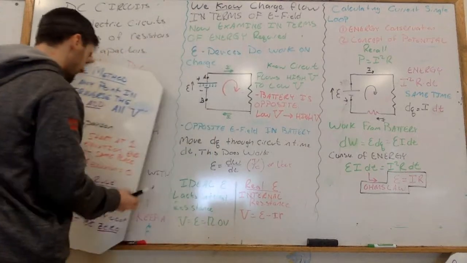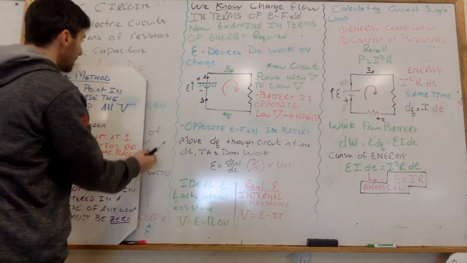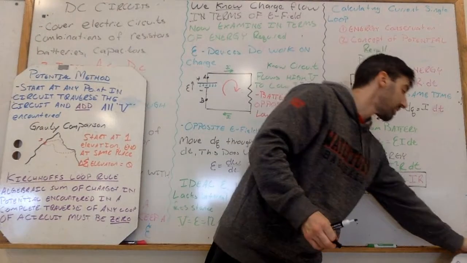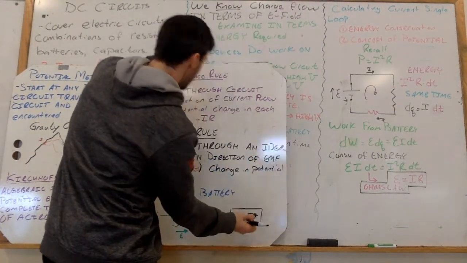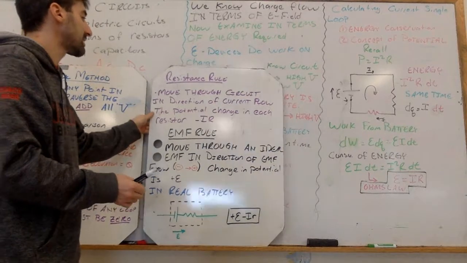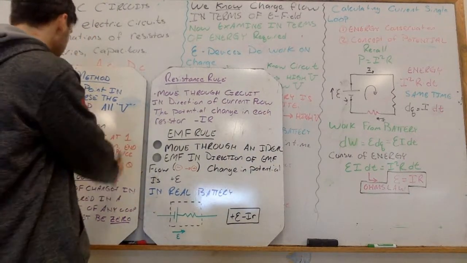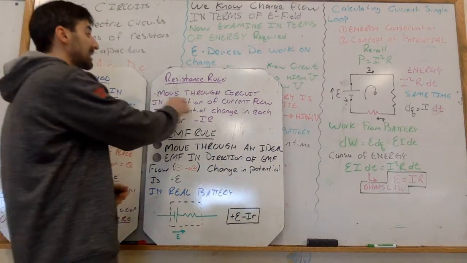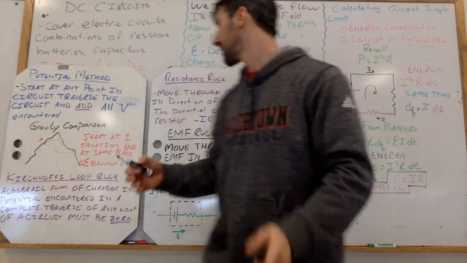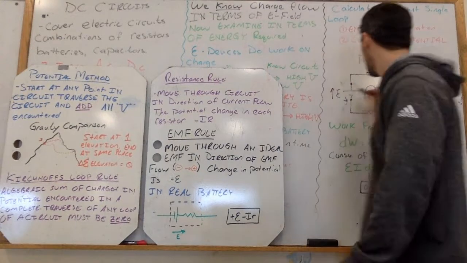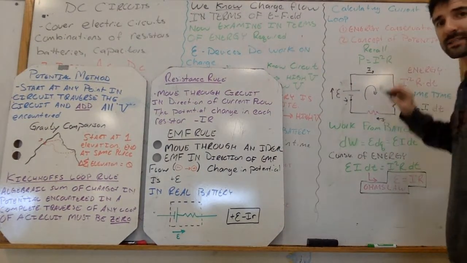Now, in addition to this potential rule, there's also a resistance rule. The resistance rule is quite simple. It's very similar to this, but now I move through a circuit in the direction of current flow, and again, in conventional current, I move through the direction of this current flow, so I'm moving around this circuit like so.